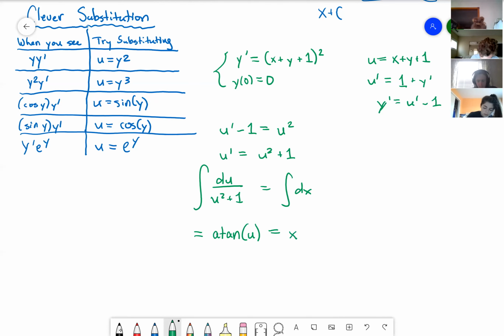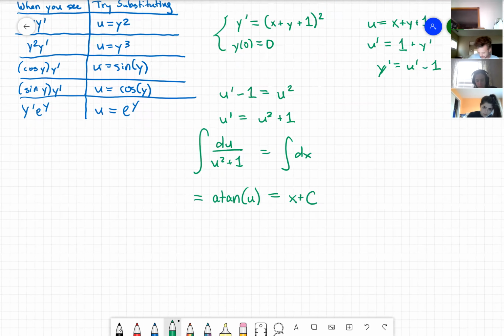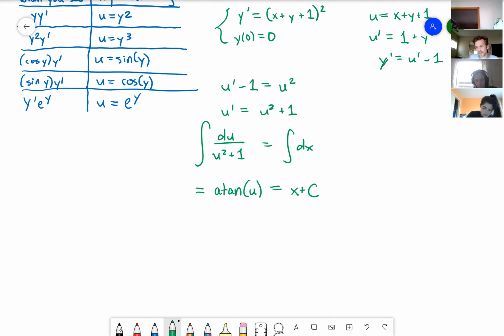And on the right-hand side, we get x plus some constant of integration. And of course, with the arctangent, I can take the tangent of both sides and end up with what I started off with. I just get u on this side, and tangent of x plus c on the other side.